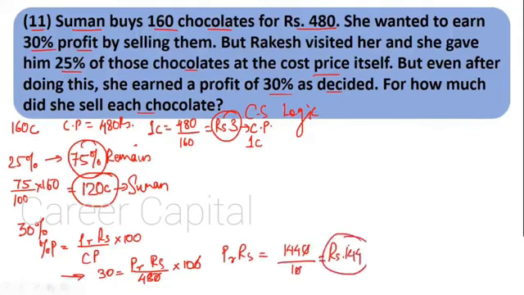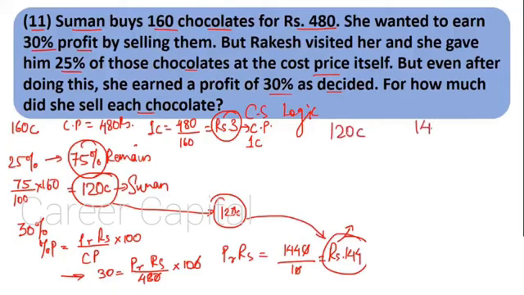So by selling 160 chocolates at some price, she wanted to earn rupees 144 as profit. But Rakesh took 25% of the chocolates at the cost price itself. So she is left with only 120 chocolates, and from these 120 chocolates she has to earn 144 rupees as profit.